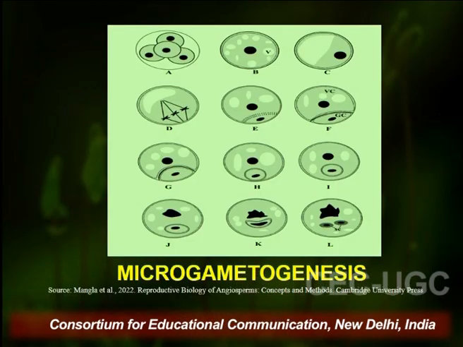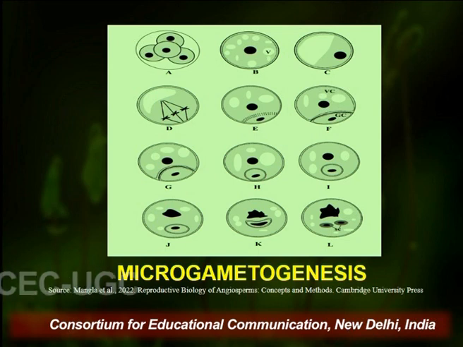Here you can see that in A there is a tetrad of microspores, and with the dissolution of the callose wall, these are liberated from the tetrad. From figure B onwards, this is one microspore. It is going to take up the locular fluid and the nutrients, and it enlarges in size.